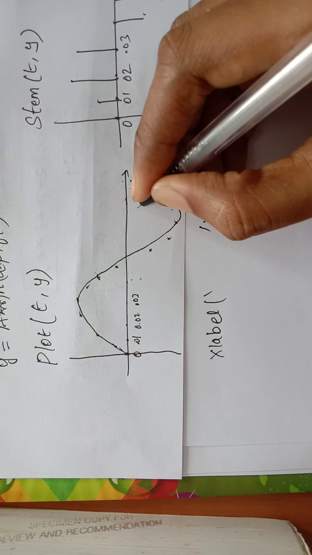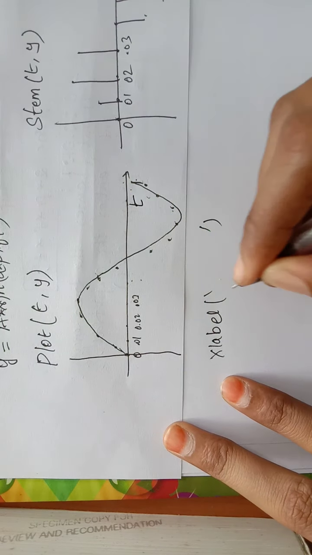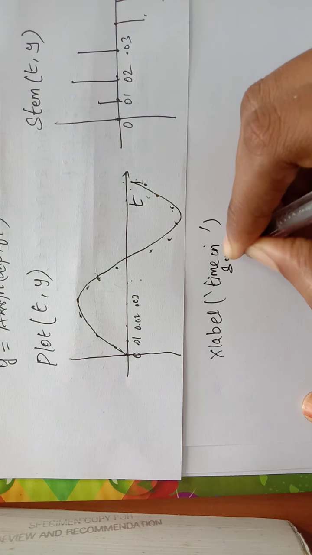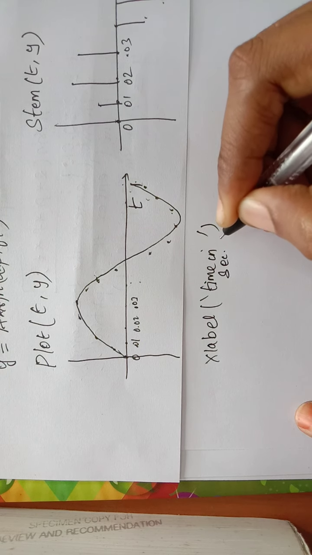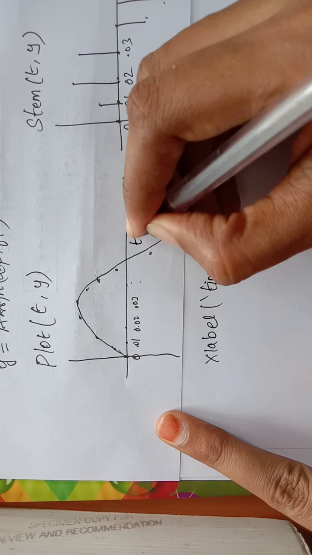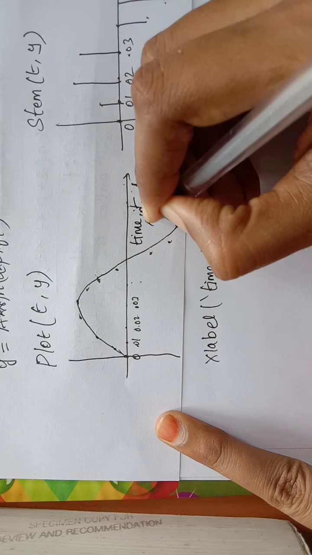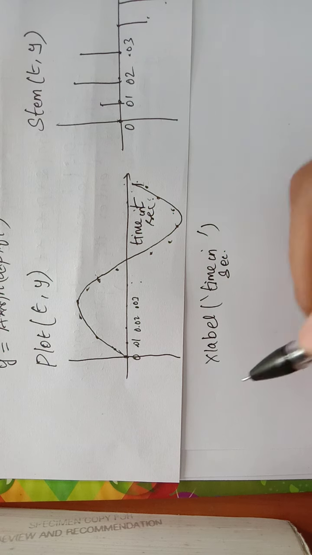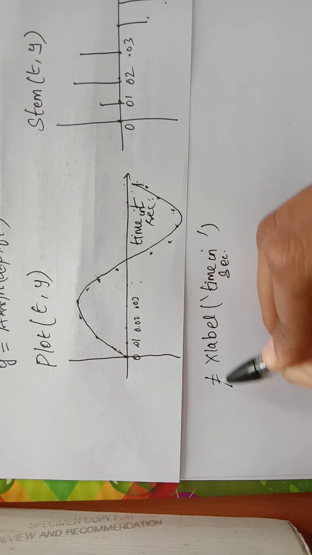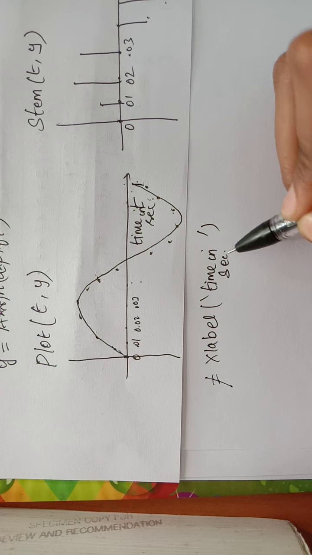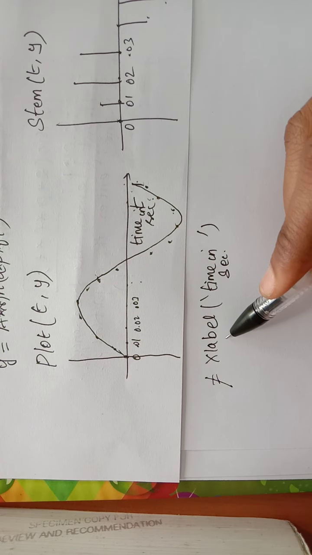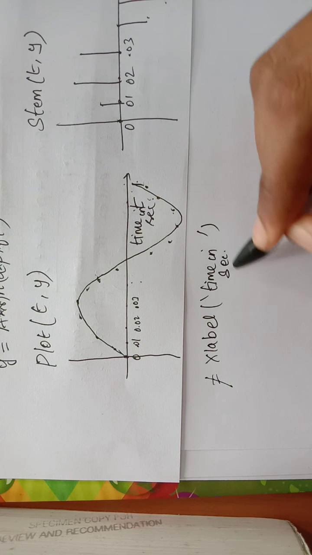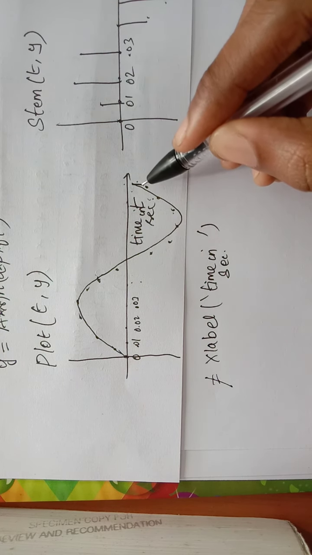Here the x label is time, so I am going to give time in seconds. When executed, I will get a label here as time in seconds. Here there is no need to assign any variable. This is a simple function. After plot, when this function is executed, the value we have given within the quotes is assigned to the axis.